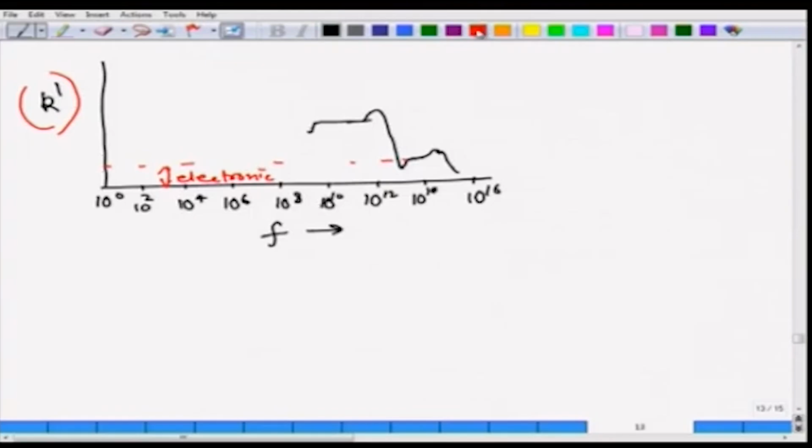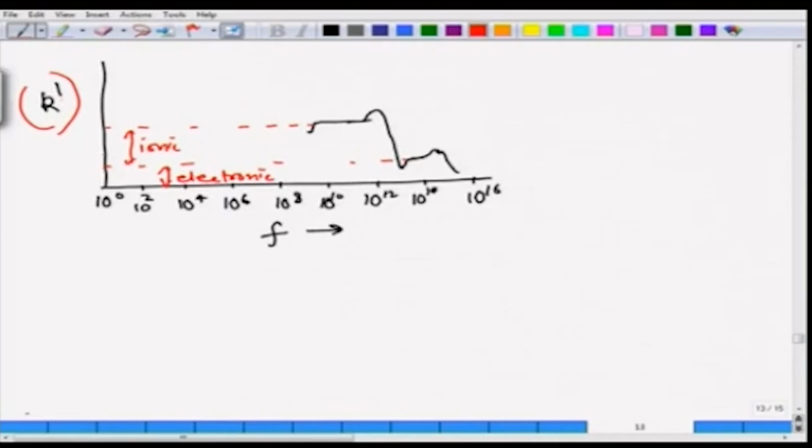Then this region up to here is the next, which is ionic polarization. So up to this frequency, both electronic and ionic polarizations contribute to K prime.